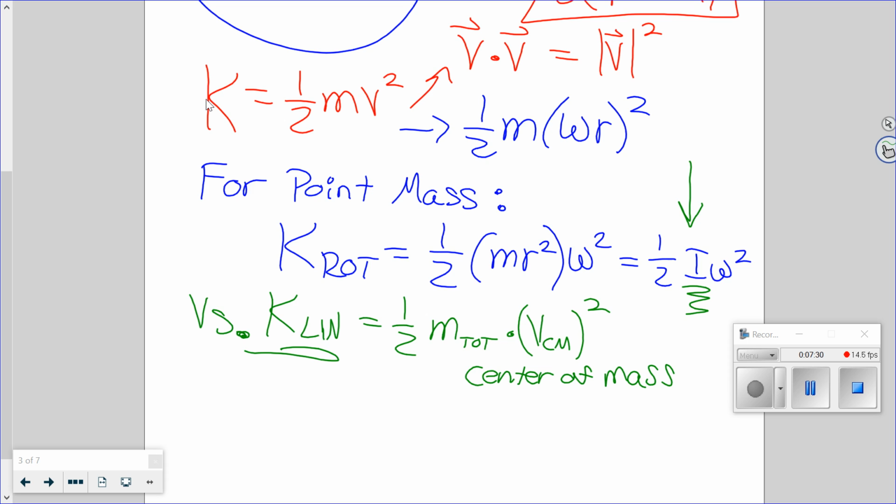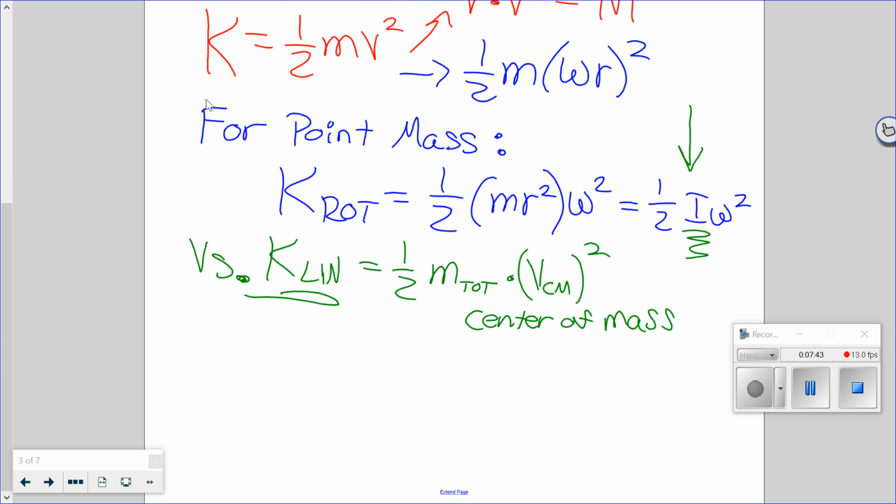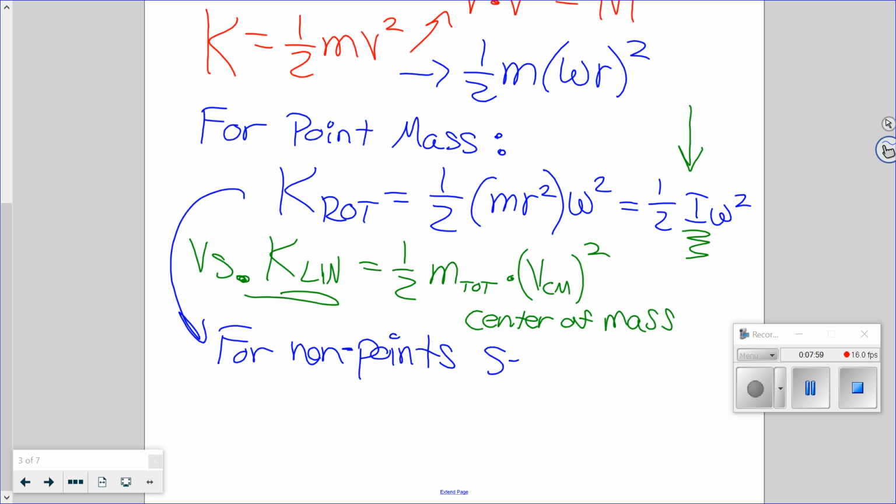But for today, so that you can have like 35 minutes to try your problems, if you don't have point masses, and I mentioned yesterday, College Board is usually this generous, page 510 in your textbook has all the rotational inertias for a bunch of different objects already worked out.